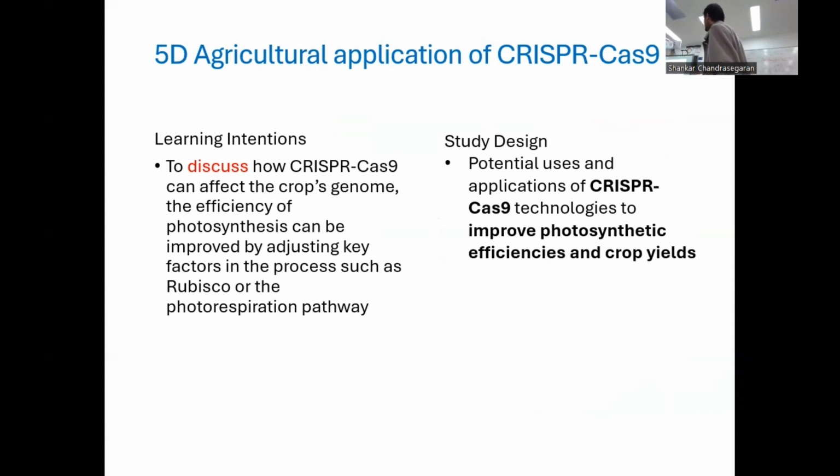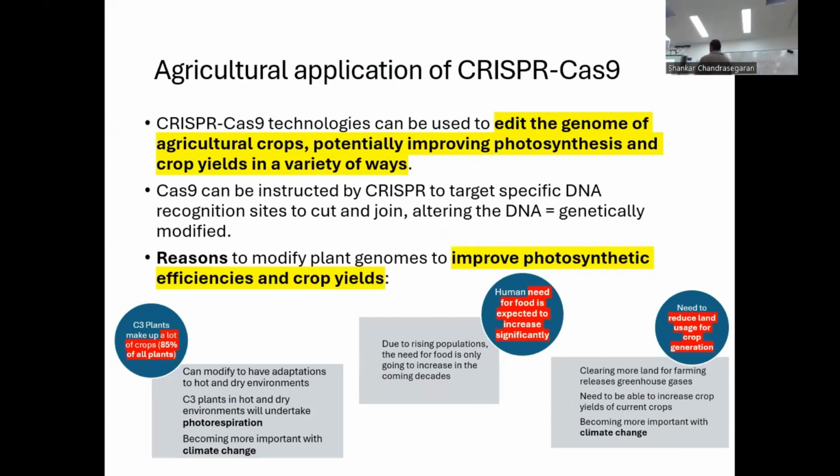All right. So today's lesson, like I said, we're going to look at the potential uses and applications of the gene editing technology of CRISPR-Cas9 to improve photosynthetic efficiencies and crop yields. So how will CRISPR-Cas9 be used to influence the crop's genome to change things that we want to change?